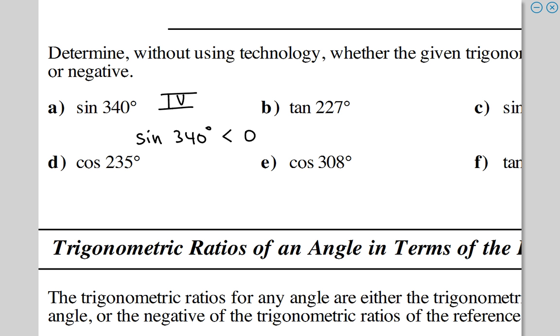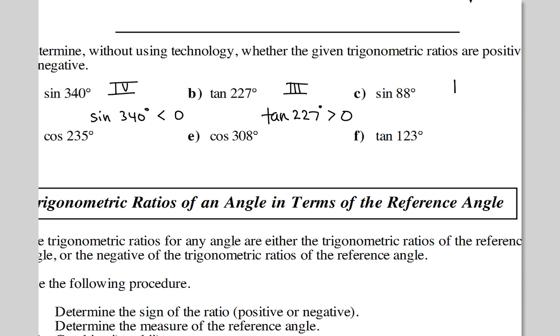Tan 227. Where's 227? That's quad 3. In quad 3, the x's and the y's are the same, so tangent will be positive. 88, that's quad 1, up above, upstairs, so sine 88 is positive. 235 is in quad 3, so cos 235.